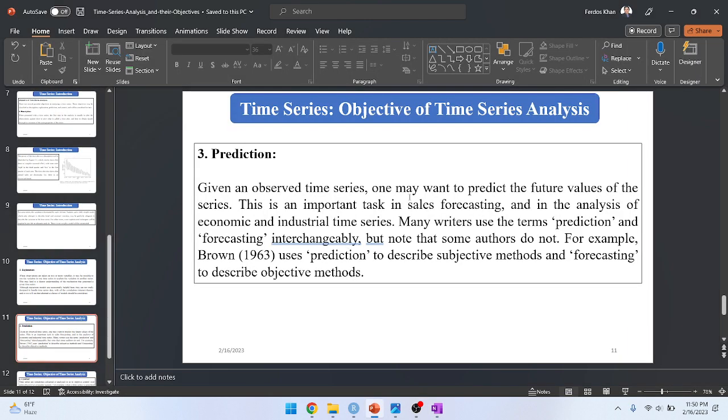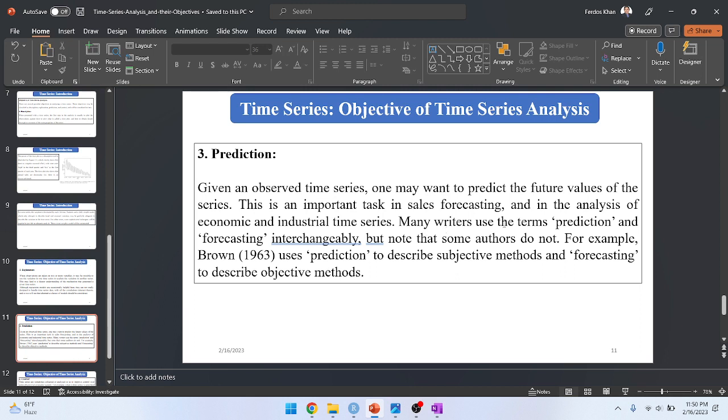Given an observed time series, one may want to predict the future values of the series. This is an important task in forecasting. Of course, everywhere this is important for policymakers to make their future policies. And in the analysis of economic and industrial time series, many writers use the terms prediction and forecasting interchangeably. Remember, this is a very important question.